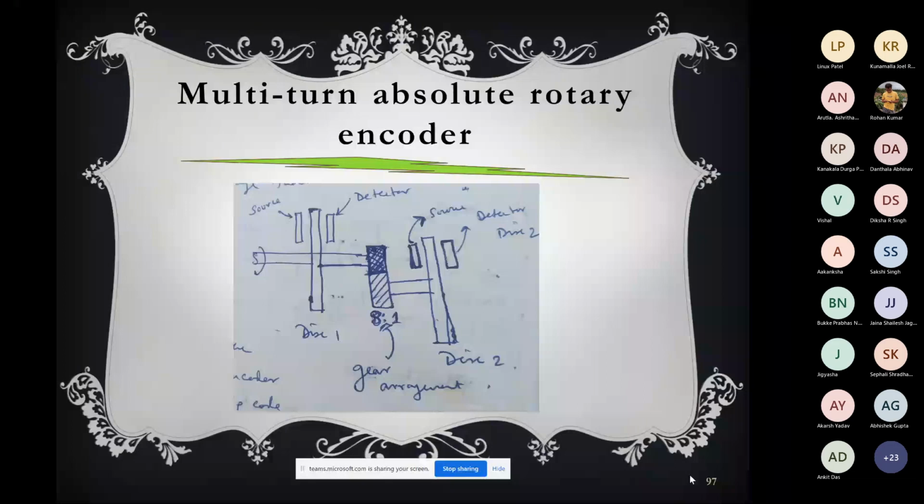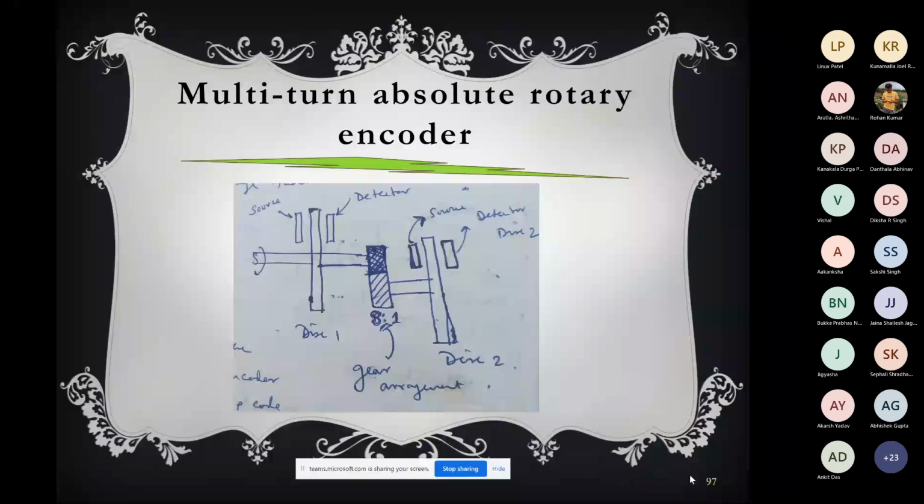Now in this arrangement, there are two discs. You see disc 1 and disc 2 written. Disk 1 has a set of detectors and a set of sources. Disk 2 also has a set of detectors and a set of sources. Disk 1 and disk 2 are connected to each other with a gear arrangement of 8 is to 1. What is the meaning of 8 is to 1?